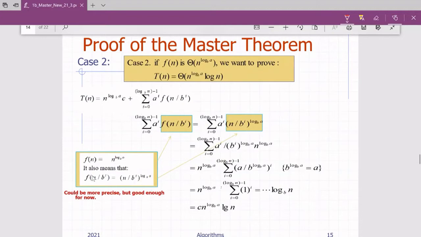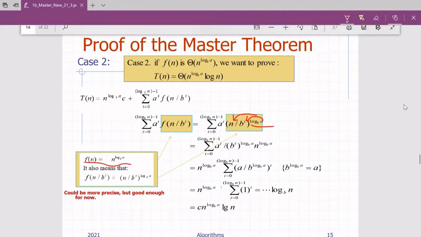Okay, just use n over b^i to substitute n in the first formula here. After that, we do the same thing. We do the distribution, log_b a to n and log_b a to b over i.